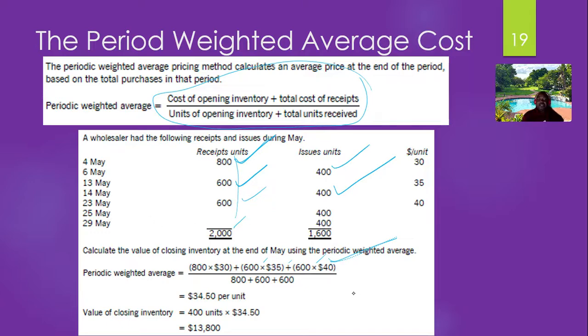Let me just use a pen here. We are saying we were having 800 as our positive figure. Then we deduct 400, the issues, which means we are left with 400, and then we obtained 600. That's plus 600, we ended up having 1000 units, and then we issued 400.